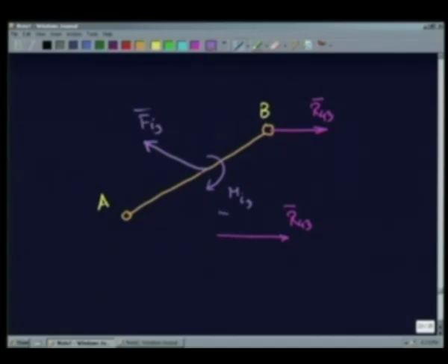So you will find this is the inertia force. Then the force here has to be such that it closes this triangle, that will be R23, the force acting on this link from link 2.